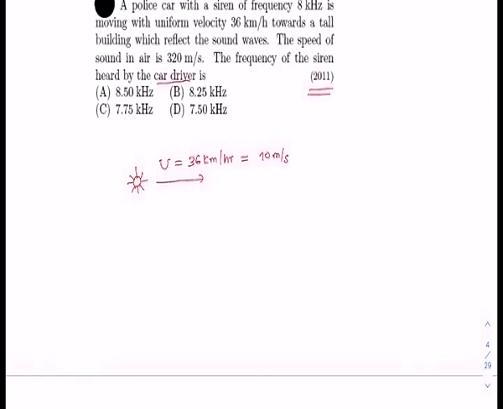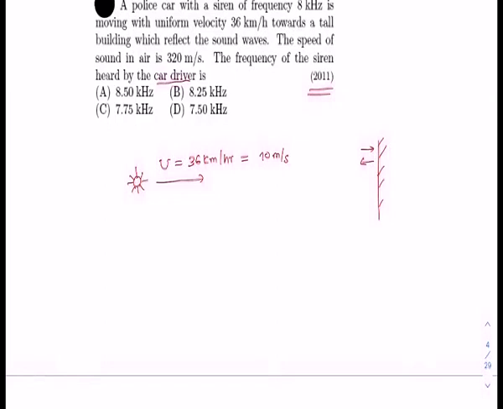So the car is moving with speed 10 meter per second, and it is moving towards a standing wall here, okay, a tall building. Suppose this is the tall building, and this building is reflecting sound waves.